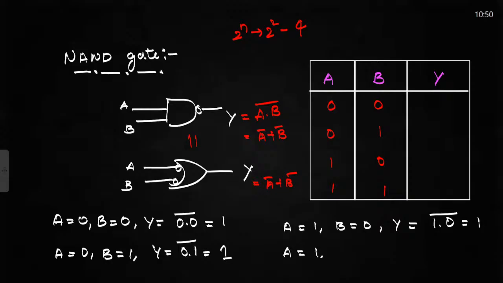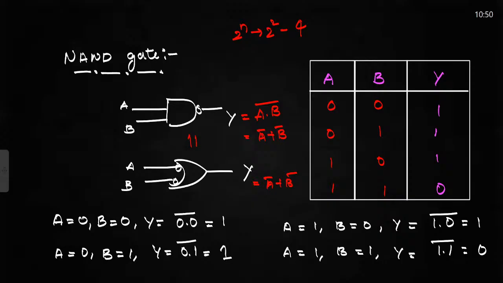And A equal to 1 and B equal to 1: my Y is 1 dot 1 is 1 and its complement is 0. We can observe here that only if both my inputs are 1, then my output becomes 0. So what I can say is the NAND gate output will be 0 only when all the inputs are logic 1. So that is the NAND gate.